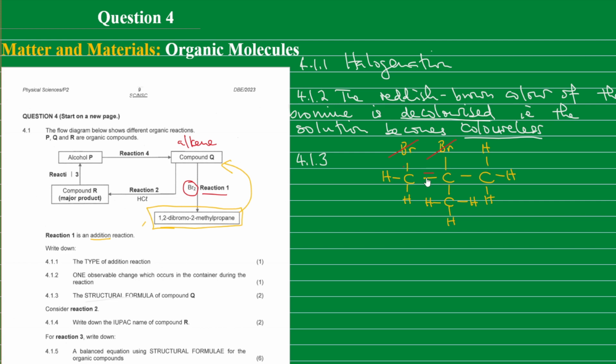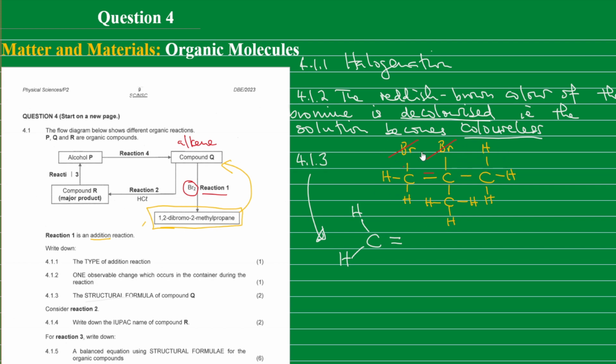The final answer will be a C with 2H, an H there and an H there, and here we are going to have a double bond because the Br was not there initially. Remember, this is the structural formula of the product 1,2-dibromo-2-methylpropane.